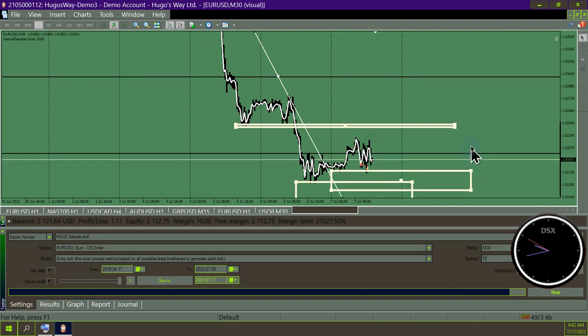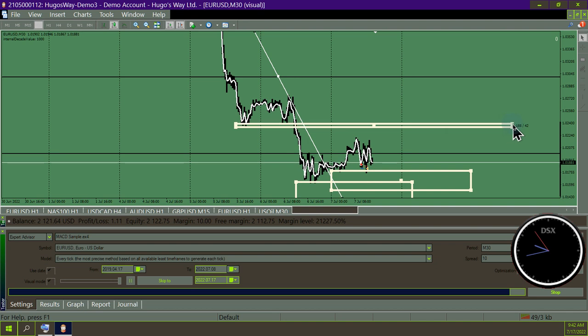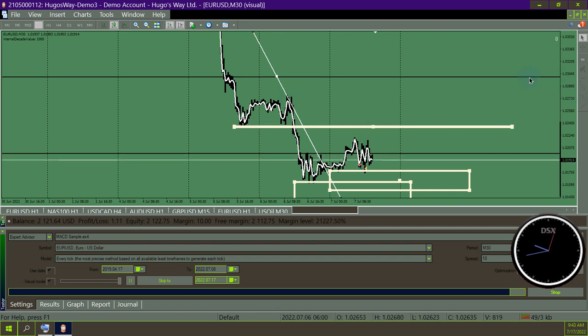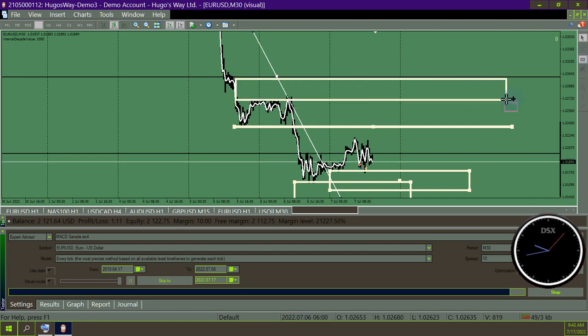So now I got my buy limits here. I'm trying to add to the position and then eventually smack through this, then take out this void, crush into that.